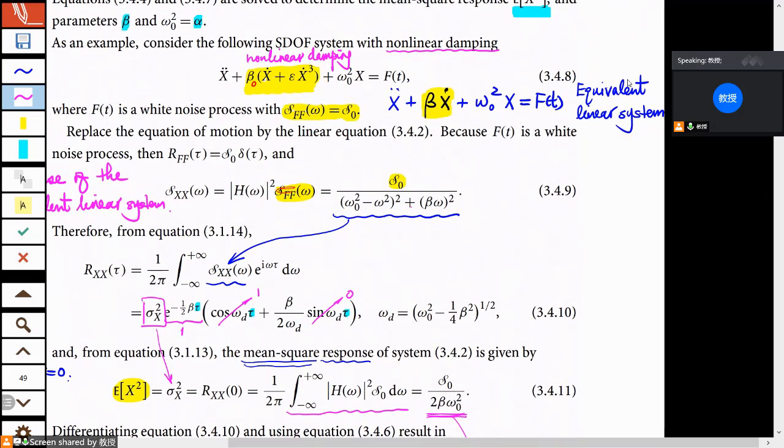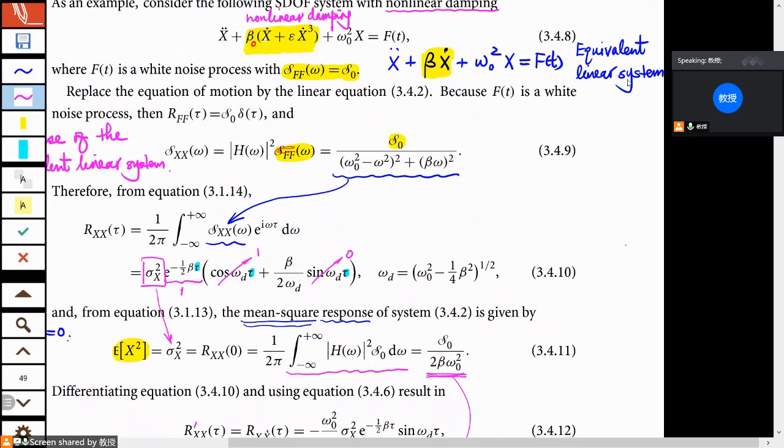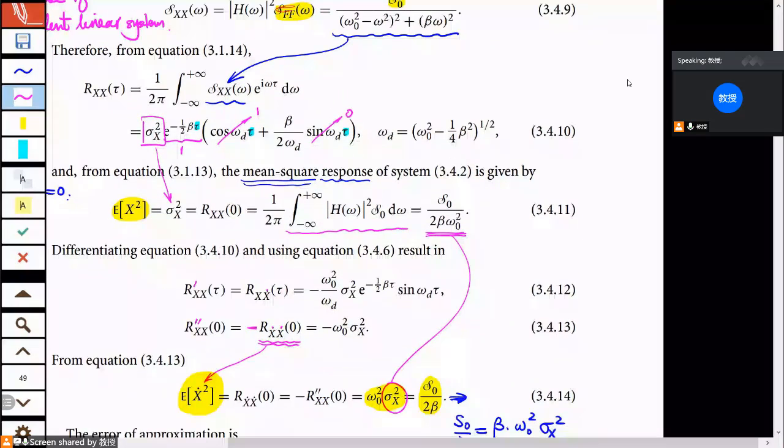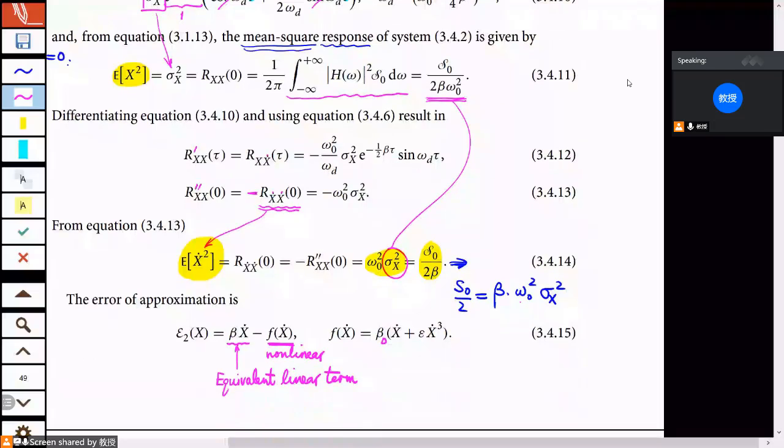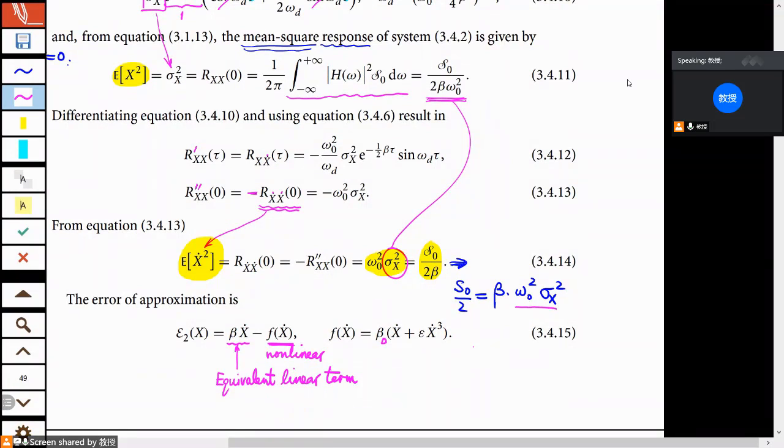We need to change all this to beta. Beta is equivalent. So this term, omega 0 squared sigma x squared, is here.